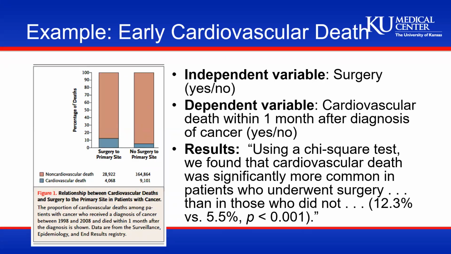Here's an example of the categorical analysis, looking at early cardiovascular death. This is an observational study done on surveillance data. Has everyone here heard of the SEER registry, S-E-E-R? Surveillance, Epidemiology, and End Results Registry. It's just collecting data from individuals over a prolonged period of time.